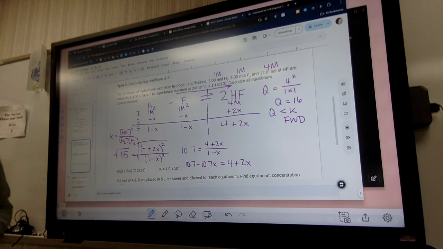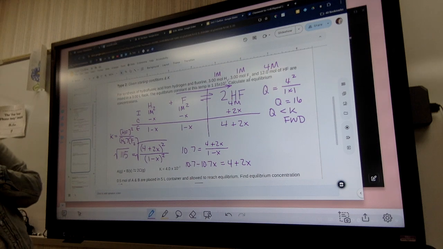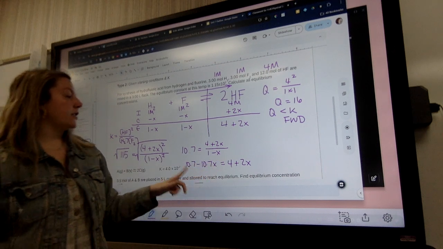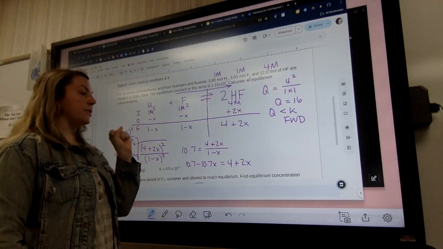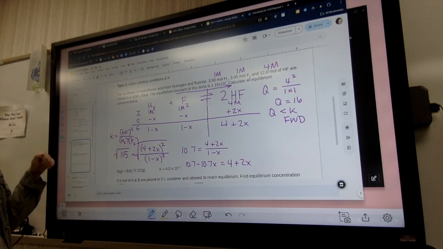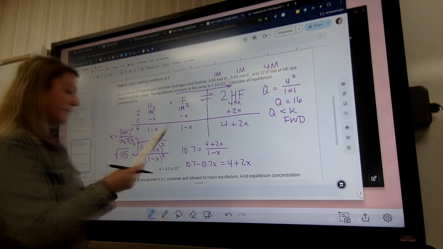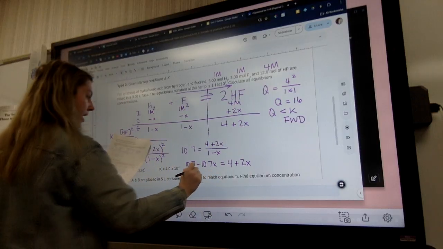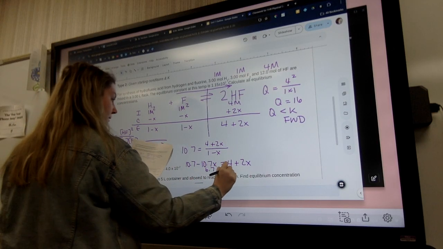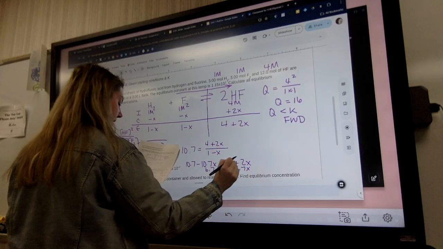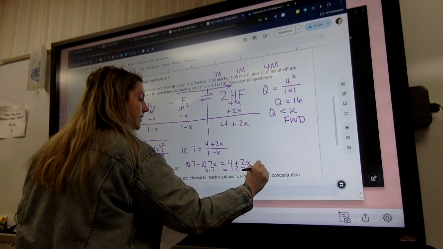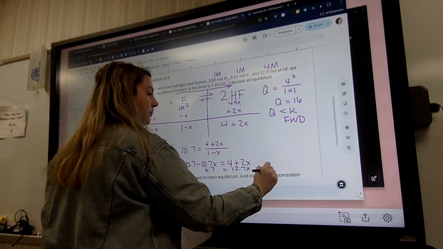So from there, it's just a basic algebra problem, right? We just got to get x's on the same side and our non-variables on one side. Okay, so I would subtract over the 4, add over the 10.7x, divide to get x by itself. So I had 6.7 is equal to 12.7x. So my x is equal to 0.528.